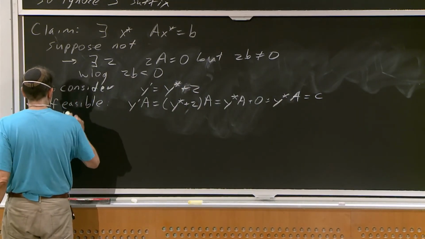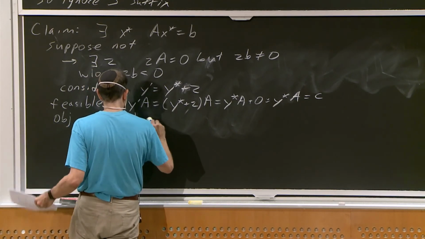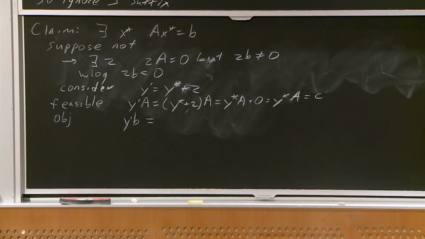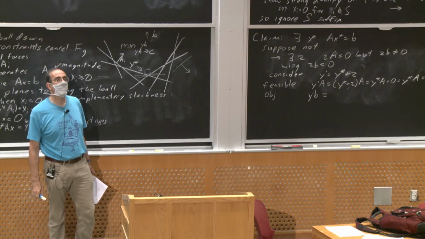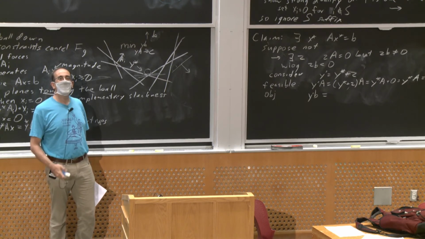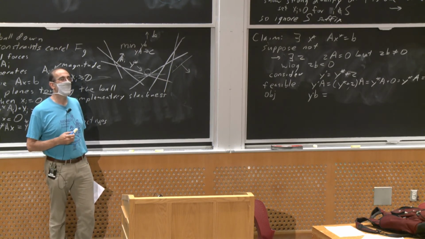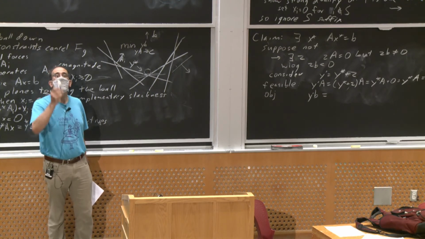What is the value of the objective function? So that's going to be y prime times b. Yes?